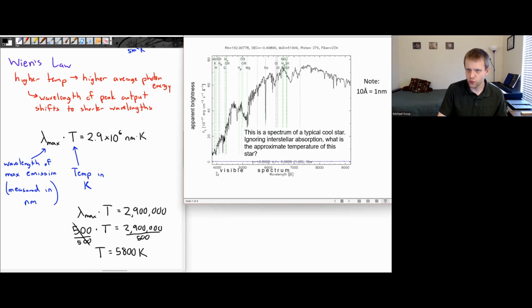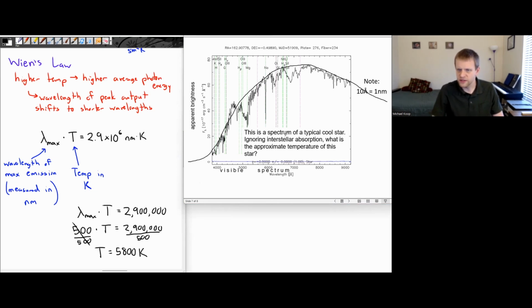Okay, so let's do one more example. This is the spectrum of a typical cool star. And again, it has lots of features that we're going to be talking about later on in the course, but we have some of the key features here where this spectrum starts low, swoops upwards, reaches a maximum, and eventually, if we continued this spectrum on, it would gradually slope down on the other side and go back to zero.